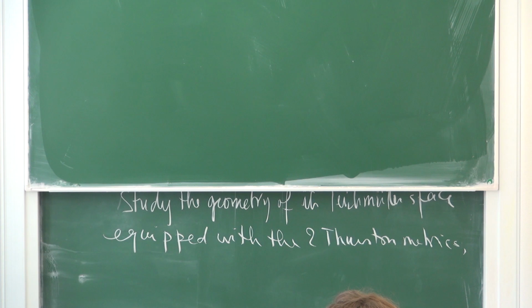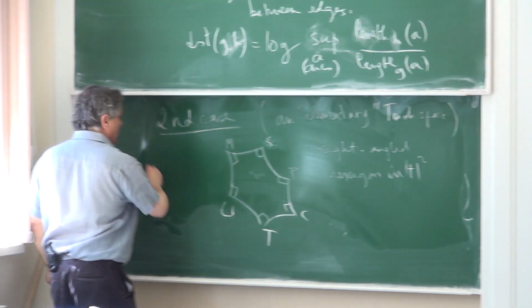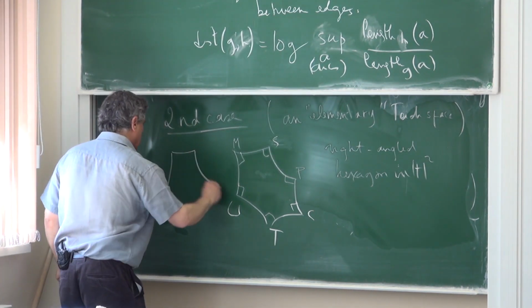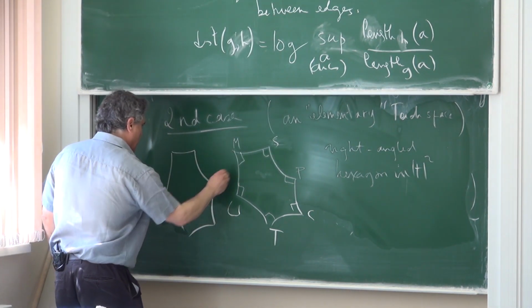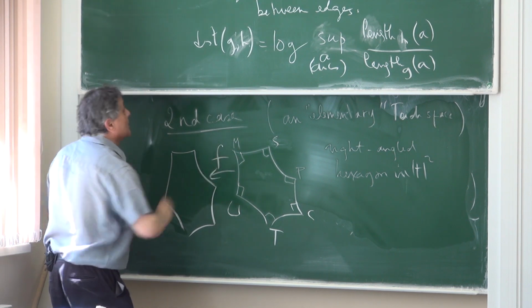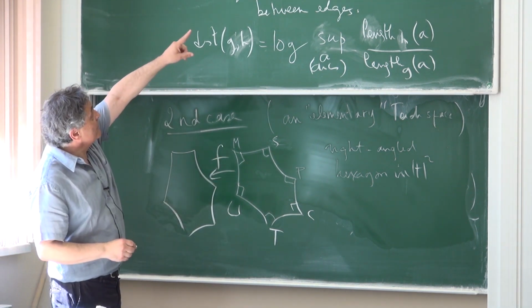So you want to define, for the first version of the distance, the best Lipschitz constant between two such polygons, 1, 2, 3, 4, 5, 6. For F, you take the same definition as there.